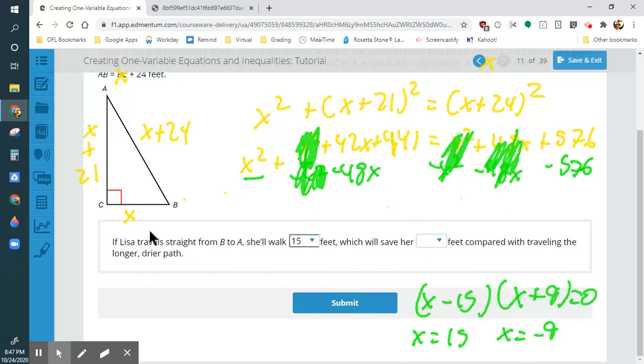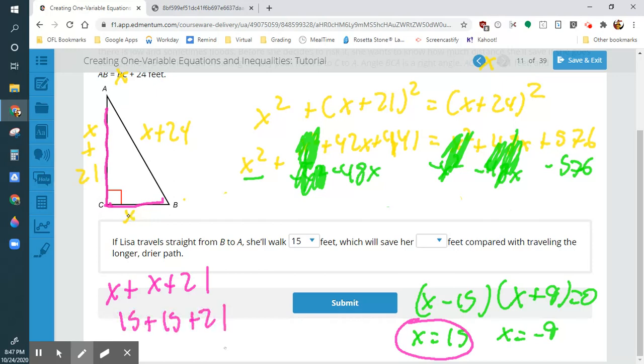So we have to figure out what's going on. The first option she has is to do this and this, right? So we have x plus 21. We said we can't have negative, so it has to be 15. So in other words, we have 15 plus 21, so we have 36.